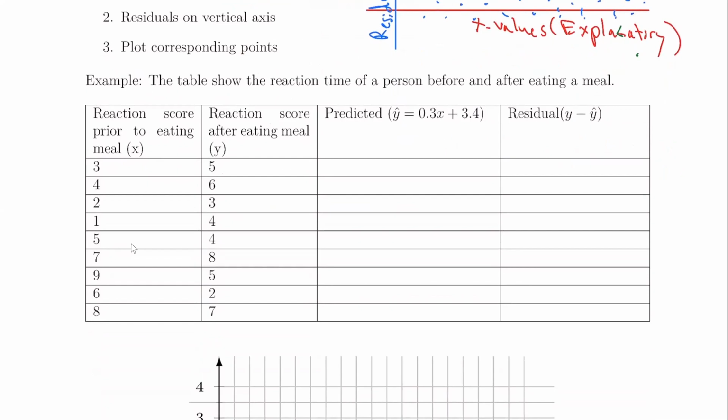If I wanted to find the linear model or the least square regression line, how can I find it using our calculator? You can either shout out the answer or put it into the chat.